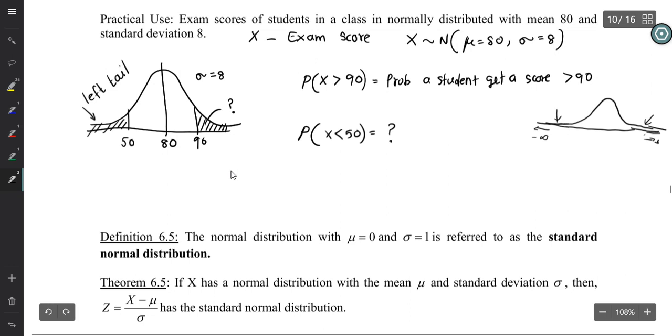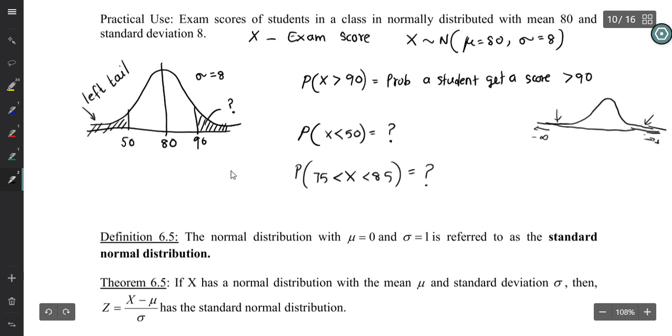And also you should be able to find the probability that a student gets a result, let's say, 75 up to 85. How do you find this? Here's 75, here's 85. So in between is this red colored area under the curve.